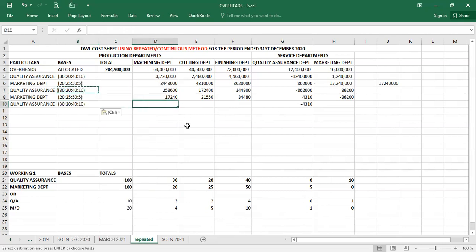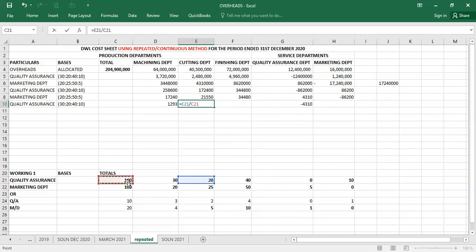So we distribute, it will be equal sign this, same percentage, divide by this, we multiply by what we are distributing. Even this one will be equal sign this, it is 20 divided by 100, we multiply by this.